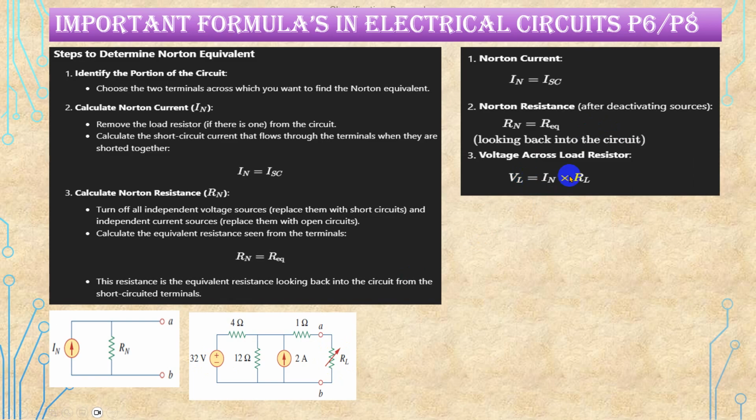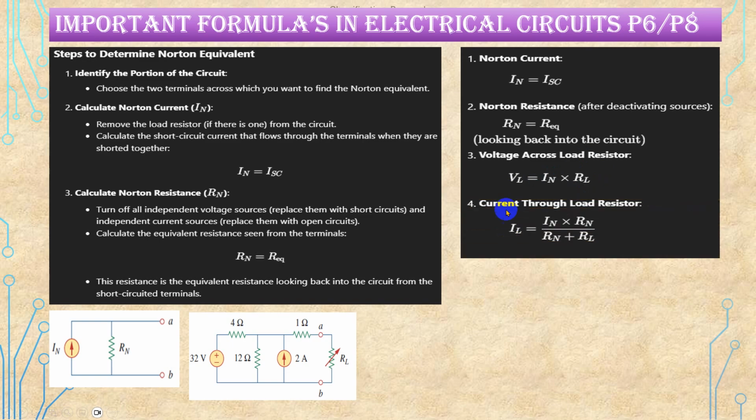VL is equal to IN times RL. Now we have to find the voltage across this load resistance. That is the current IN multiplied by RL. So once you know IN, we can find IN into RL, which is VL. Another is the current through the load resistance. What is IL?